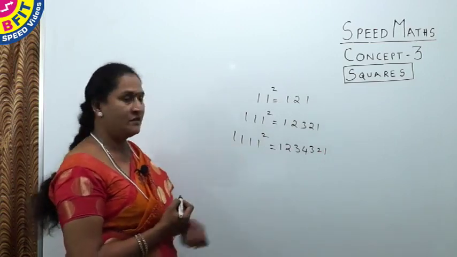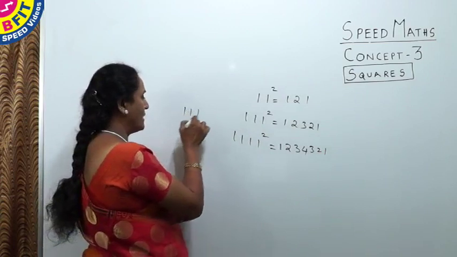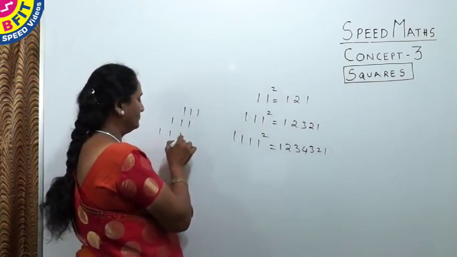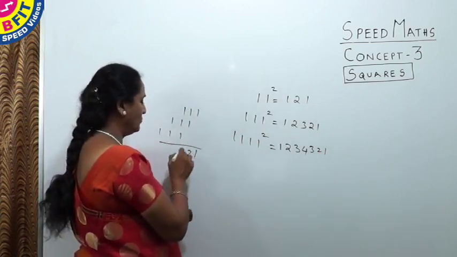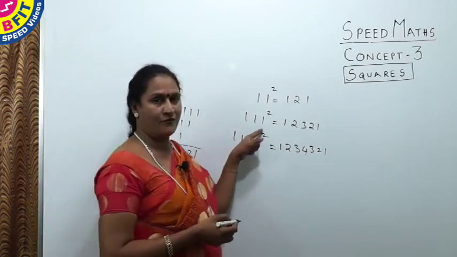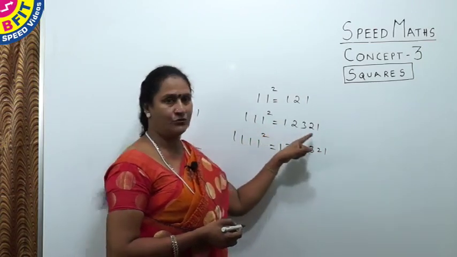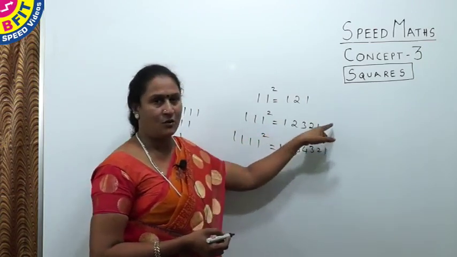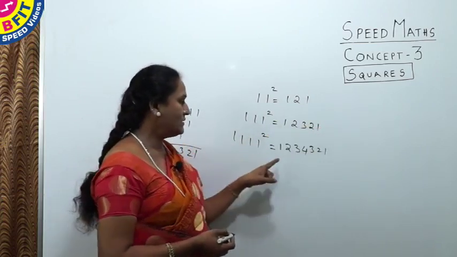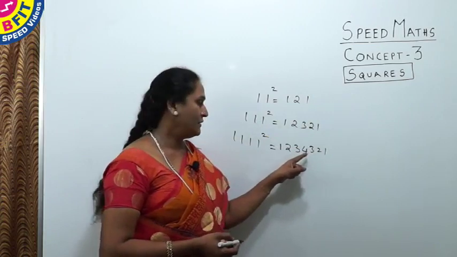Suppose you are squaring 111, that is 1, 2, 3, 2, 1. Instead of writing all this, up to the number of ones we write the numbers. We have 3 ones, so 1, 2, 3, then start descending, 2 and 1. When you have 4 ones, 1, 2, 3, 4, and then it starts descending, 3, 2, 1.